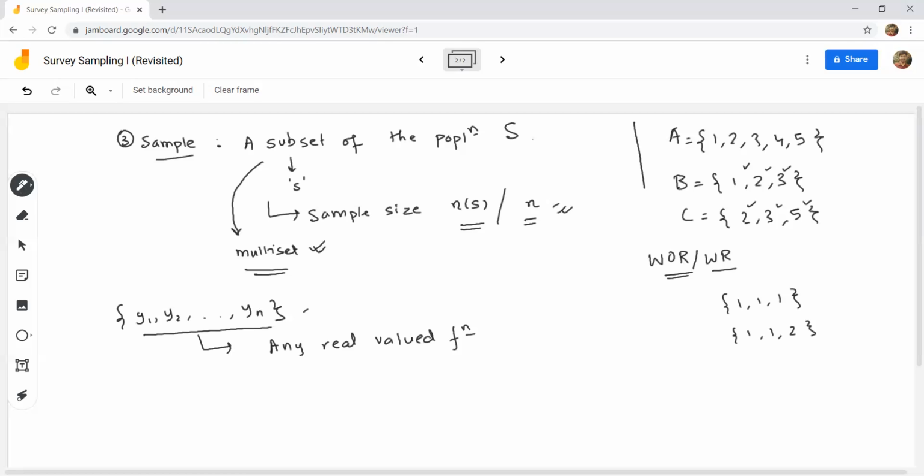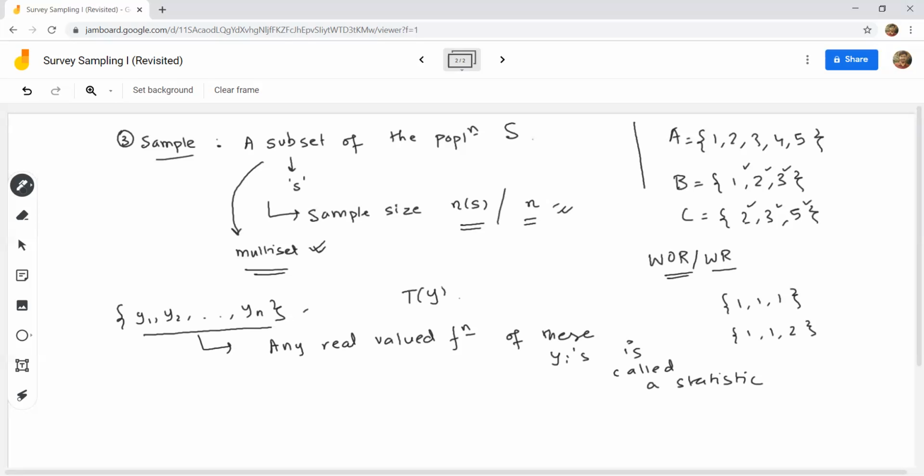So we all know what a statistic is. We denote this by, say, T(y). So this is nothing but a real valued function of these sample values.